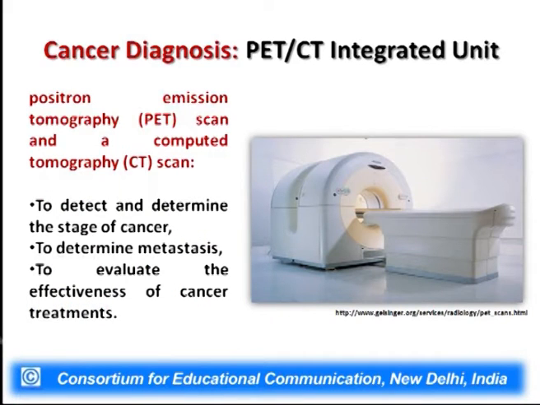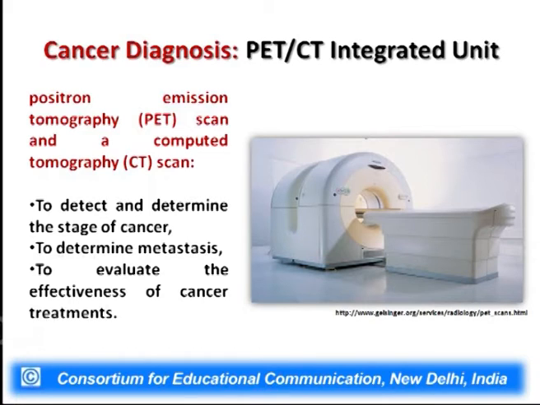Now, before going into the biopsy, let's discuss some of the imaging techniques which are available. One of the most important imaging techniques is the PET or the CT scan. PET scan means positron emission tomography scan, while CT scan means computed tomography scan. CT scan is generally recommended for other diseases or infections also, but PET scan is generally recommended in the case of cancers.